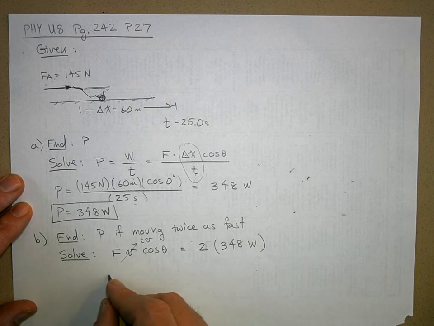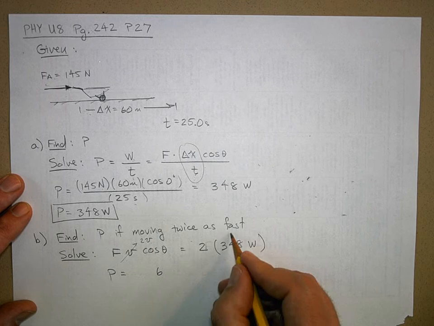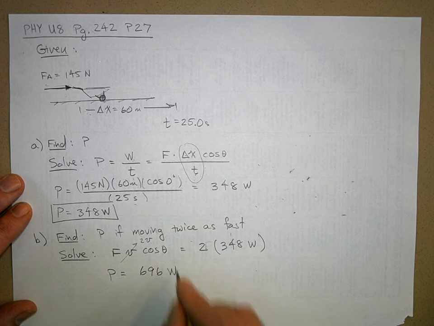And so the power is equal to, what is that? 2 times 8 is 16. 2 times 8, 9. And 696 watts.